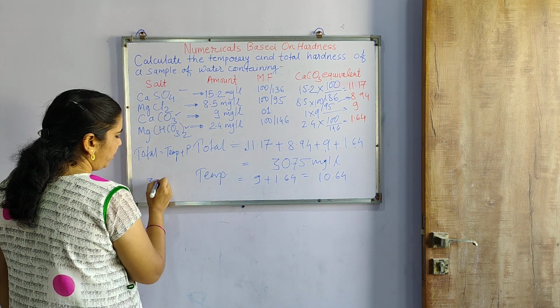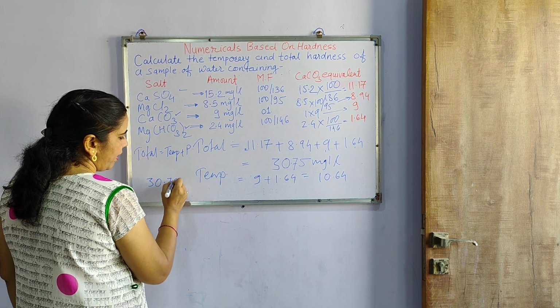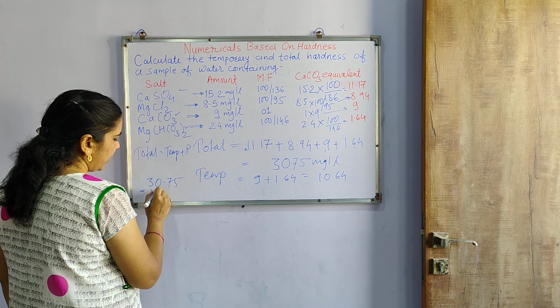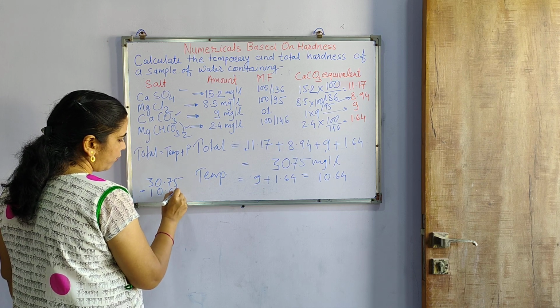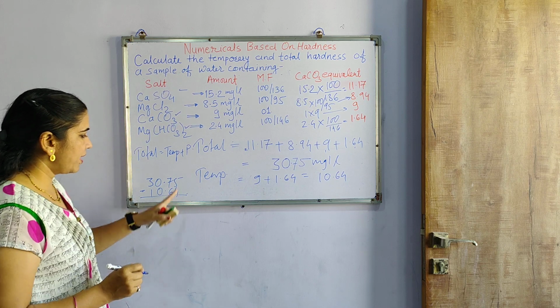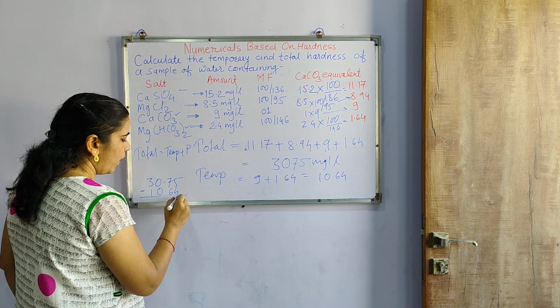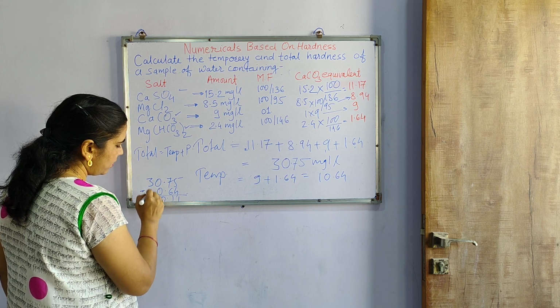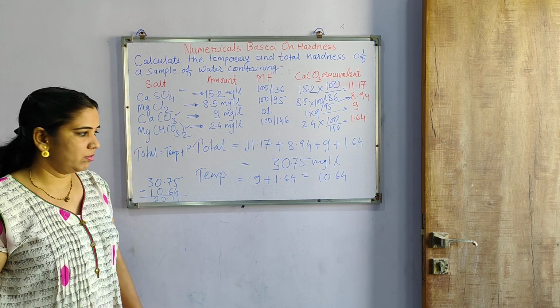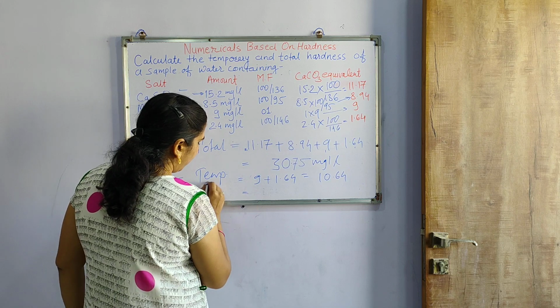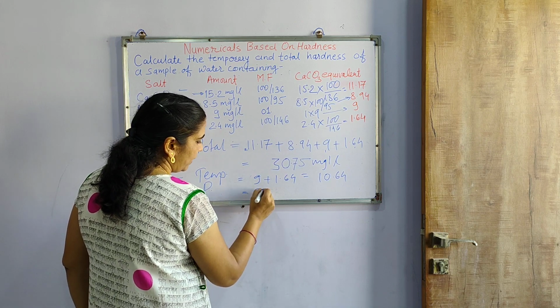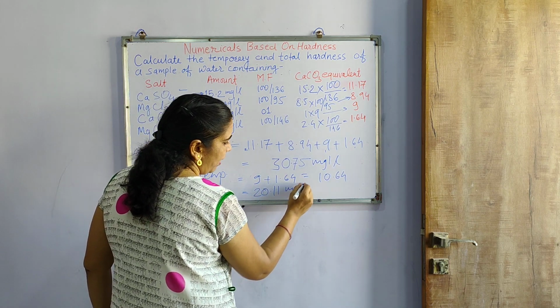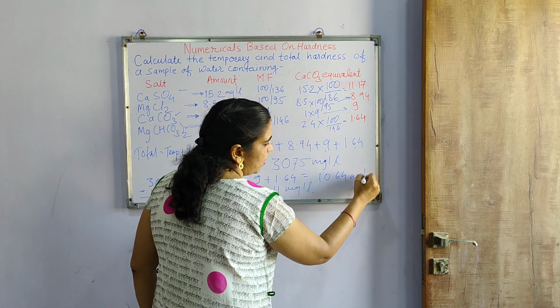Total is 30.75 minus 10.64. So the subtraction gives 20.11. Very nice. Permanent hardness is equal to 20.11, again in milligrams per liter.